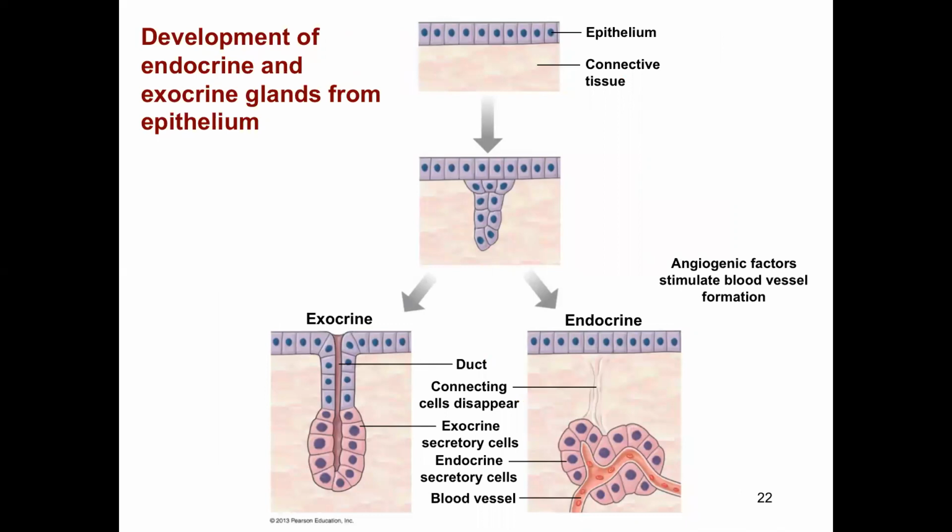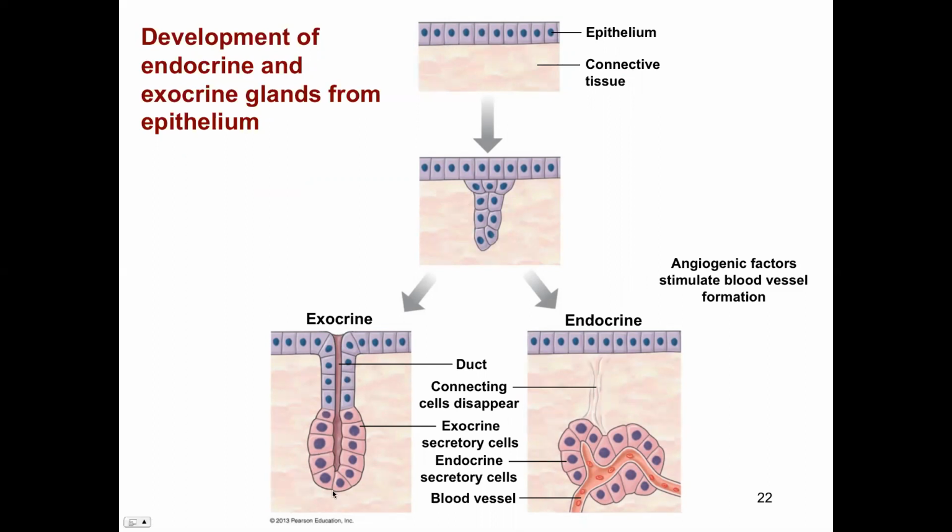Now remember I said exocrine and endocrine, and both of them are glandular structures when we're having a multicellular gland. Each of them is formed from an epithelium, right? You start off with this epithelium, and then the epithelial cells, during development, dig into the connective tissue.